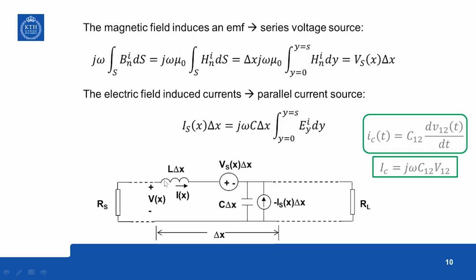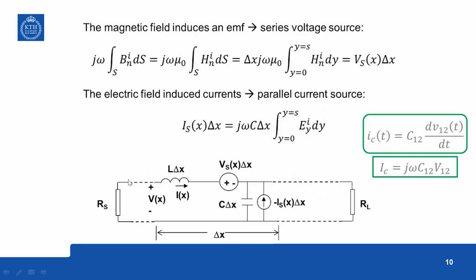So this completes our model, C delta x, L delta x, and the sources. Similarly, you can have several elements like that. In each of these elements, Vs and Is can be slightly different depending upon how the voltage and current are varying along the line.